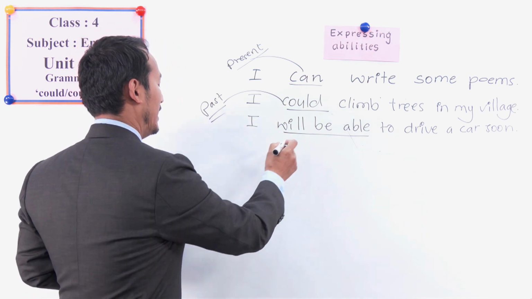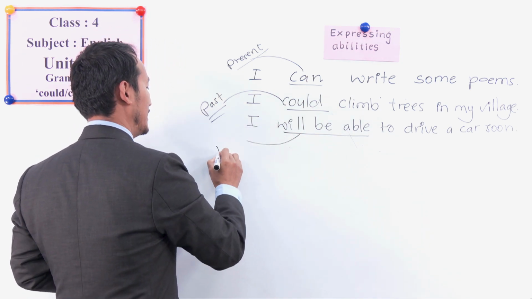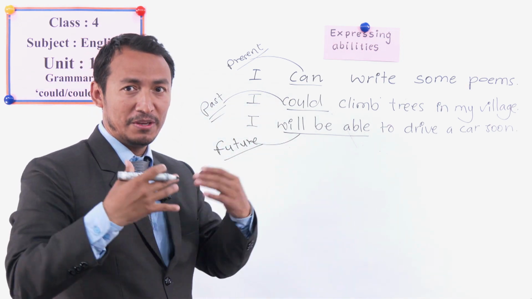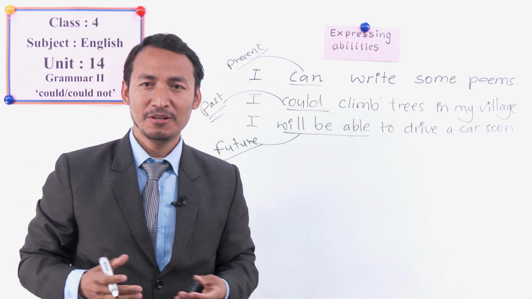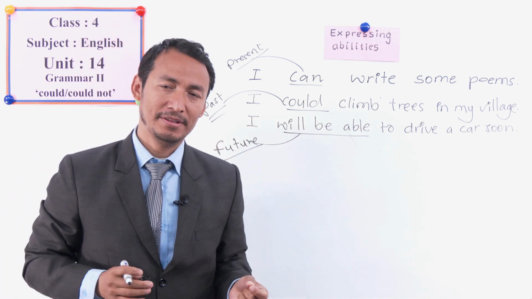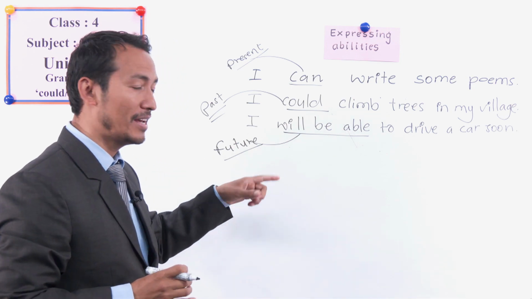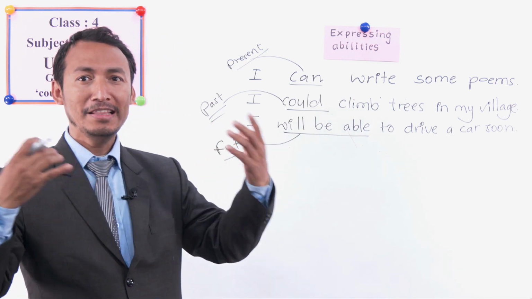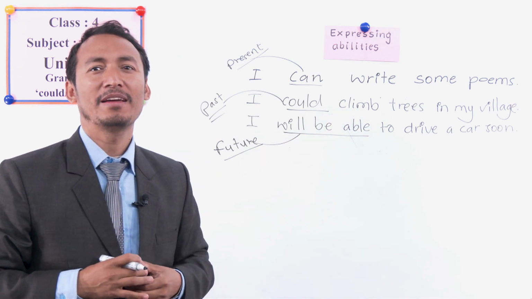Another form is will be able to, and this is for the future. Maybe you are planning to do something in future and you will have that skill, that ability to do something. For example, right now I don't know how to drive a car. In the past as well, I did not drive a car.